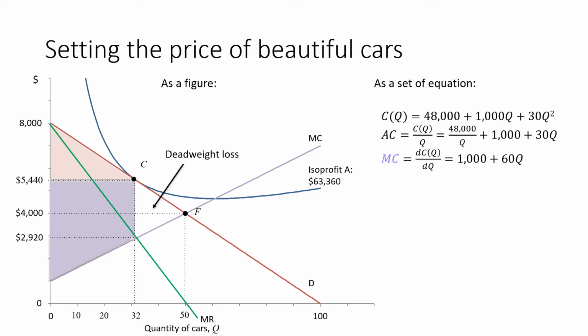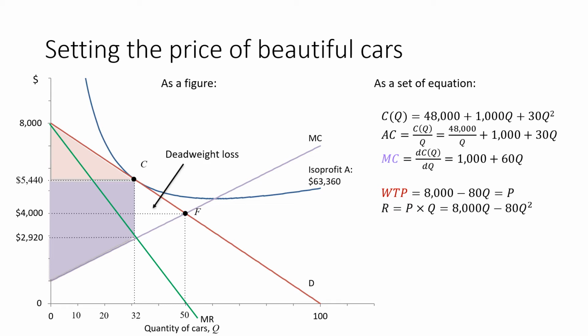Marginal cost is the derivative of the total cost function with respect to Q, which is equal to 1,000 plus 60Q. Willingness to pay is 80,000 minus 80Q, which also equals our P.